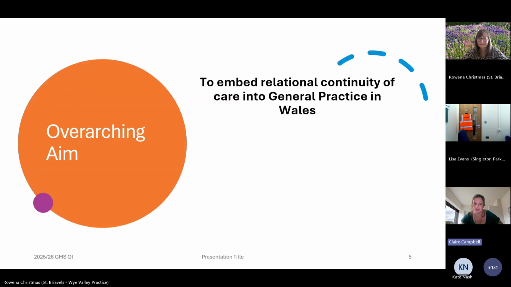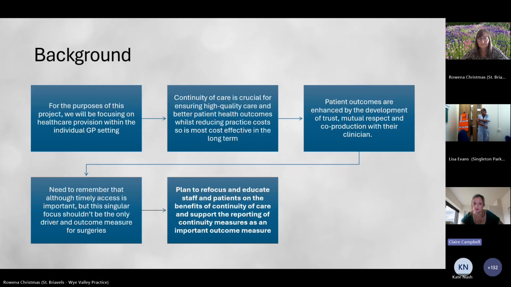Our overarching aim is simple but powerful: to embed relational continuity of care into general practice in Wales. It isn't just a nice to have, it's a fundamental part of high quality care. We're focusing on continuity within individual GP practices to improve patient outcomes, build trust, and make things more cost effective for the individual practice.